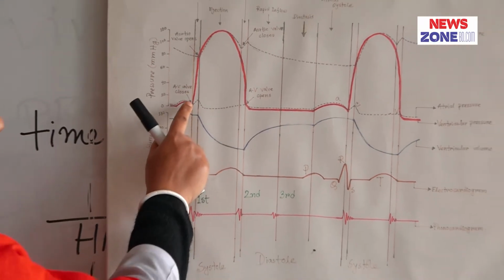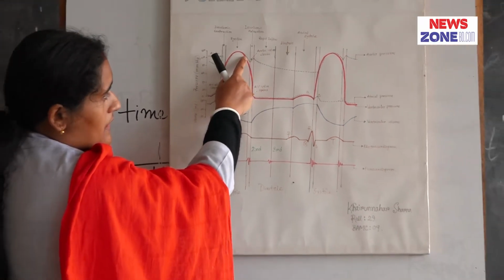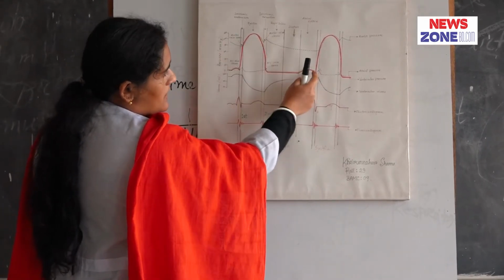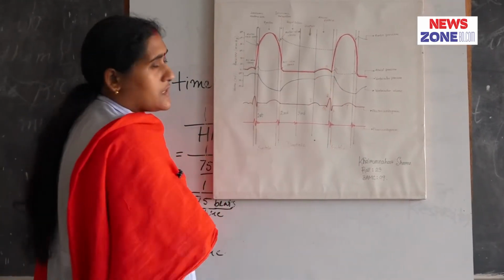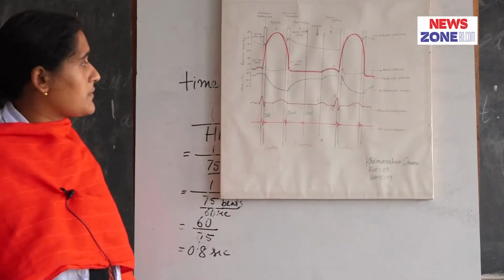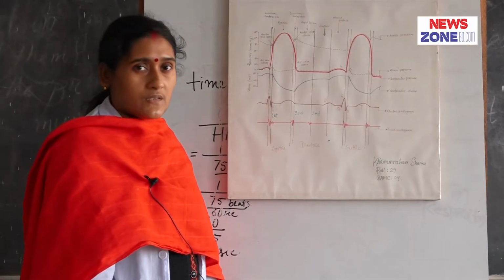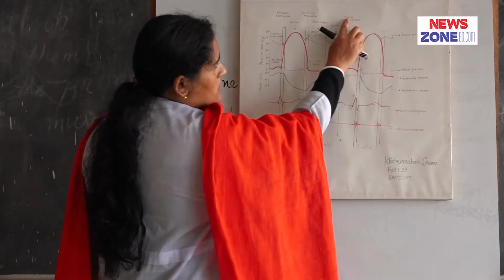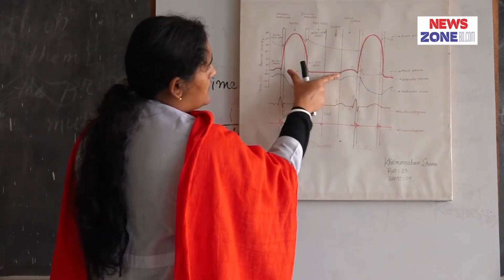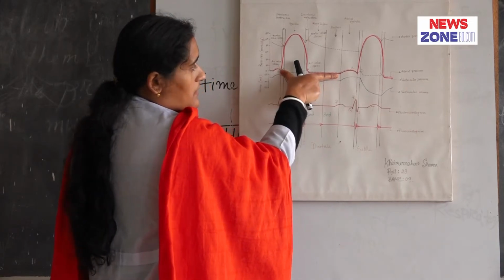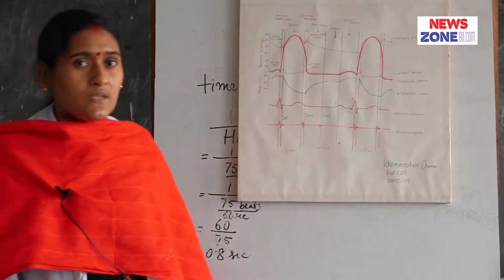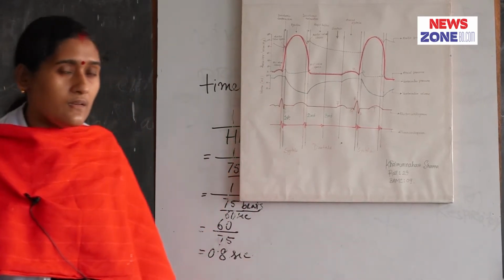For atrial events, there are two events, atrial systole and diastole. This portion is atrial systole, and this portion is atrial diastole, and from here to here the total time is 0.8 second, that is one cardiac cycle time.